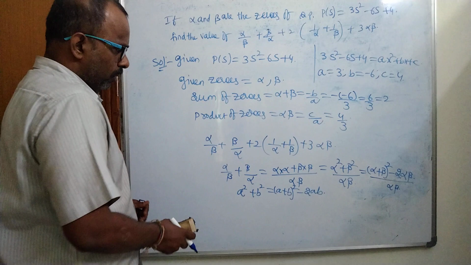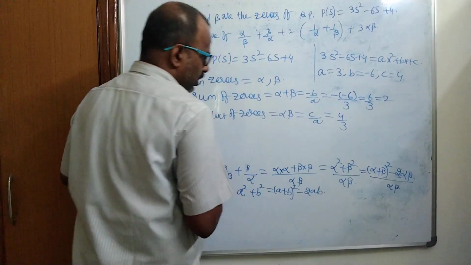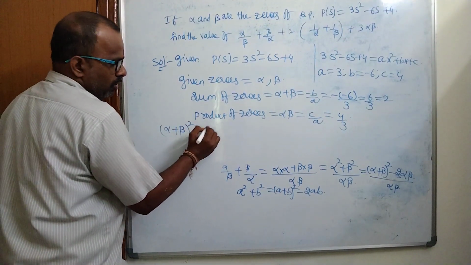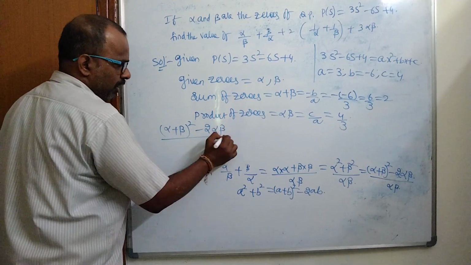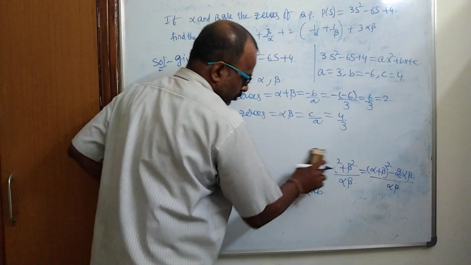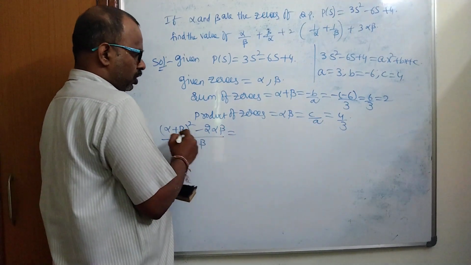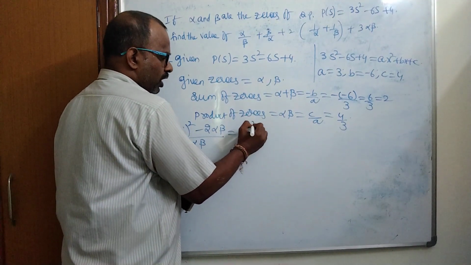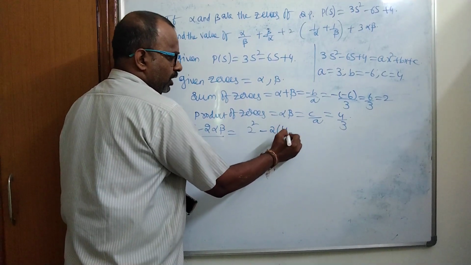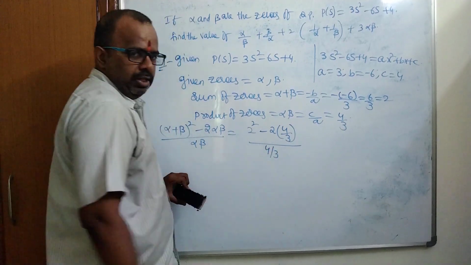Now alpha plus beta whole square is 2 square, minus 2 into alpha beta, which is 4 by 3, by alpha beta, 4 by 3.